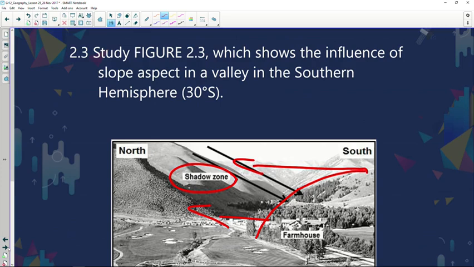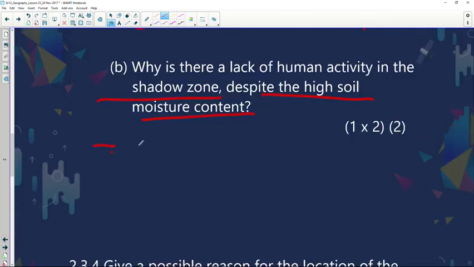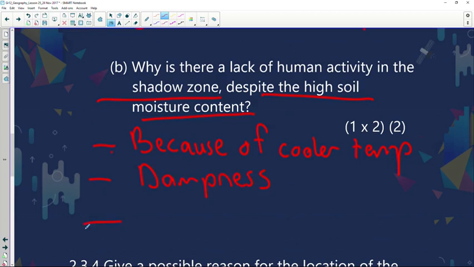So let's write down our findings from the figure. Because of cooler temperatures in the shallow zone, we can also say because of dampness being experienced because there's more moisture, and lastly, you can see the gradient is quite steep. So I'm just going to write a steep gradient.